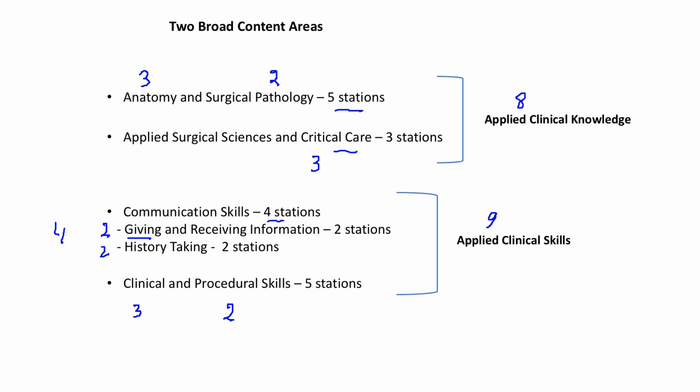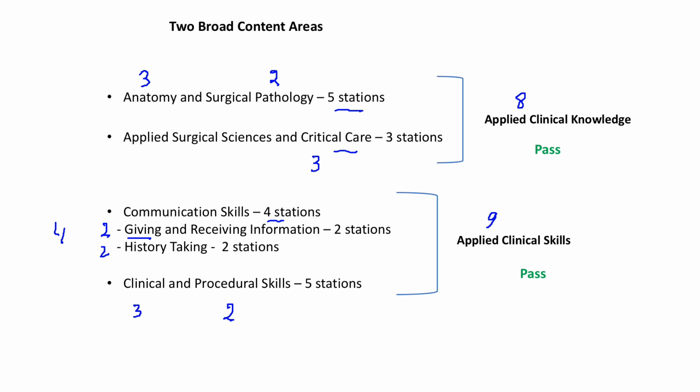To pass this exam, you have to pass both components. Applied clinical knowledge has 160 marks, so there is a pass mark and you have to get marks above it. Similarly, applied clinical skills has 180 marks and you have to get marks above its pass mark.